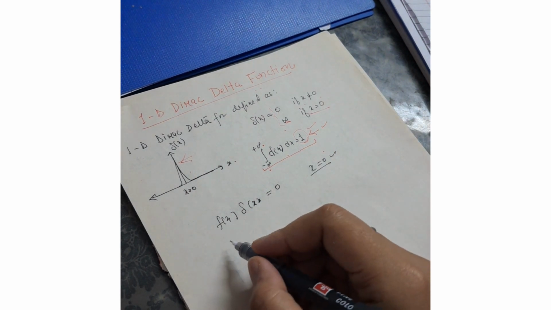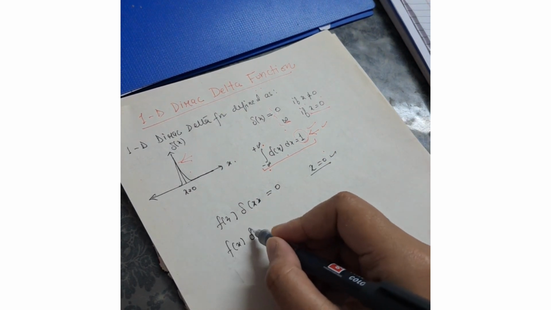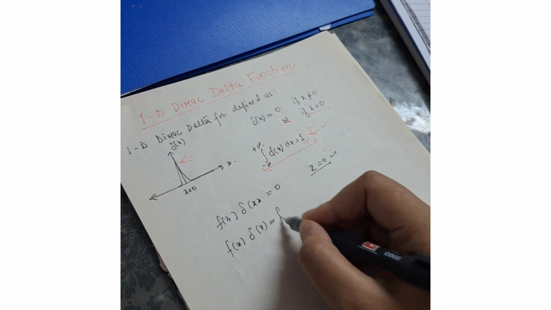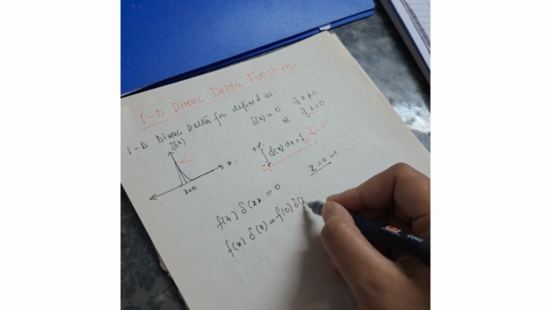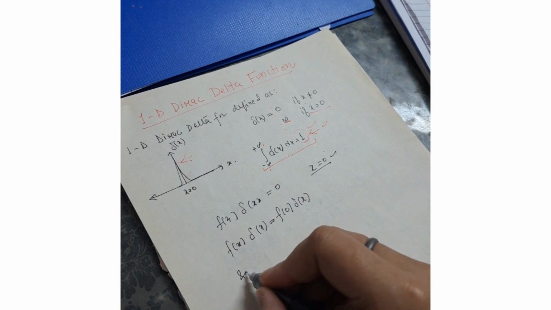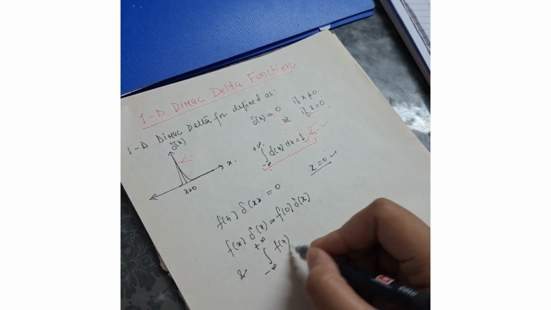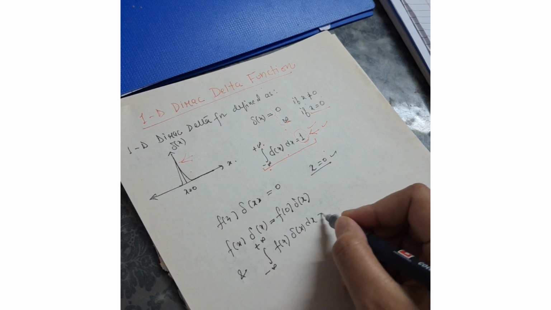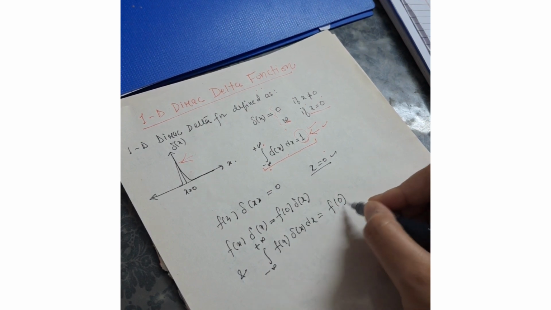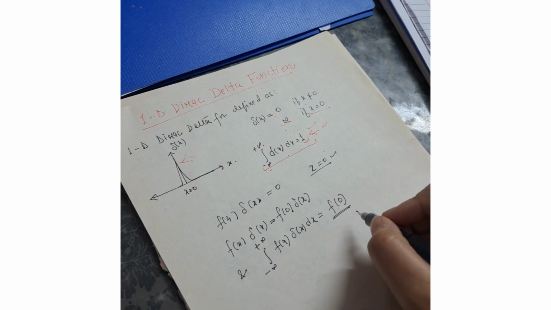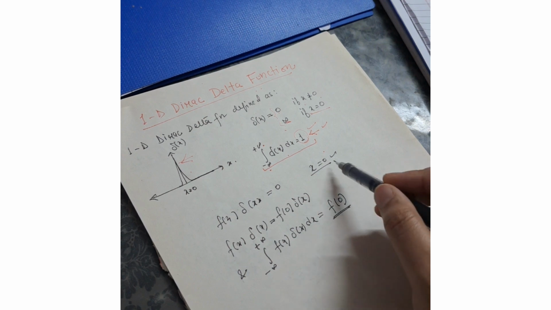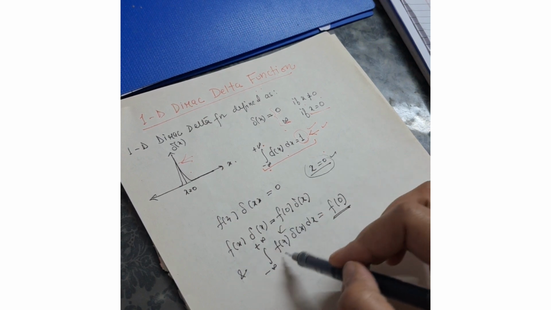So we can write f(x) delta(x) is equal to f(0) delta(x), and therefore its integration from minus infinity to plus infinity will give us the value f(0). That is, we'll just substitute the value x equals 0 into the function given to us.